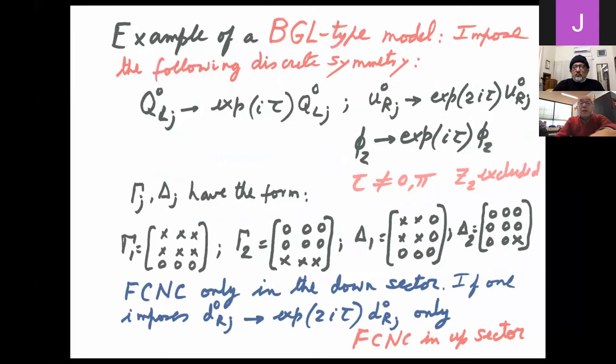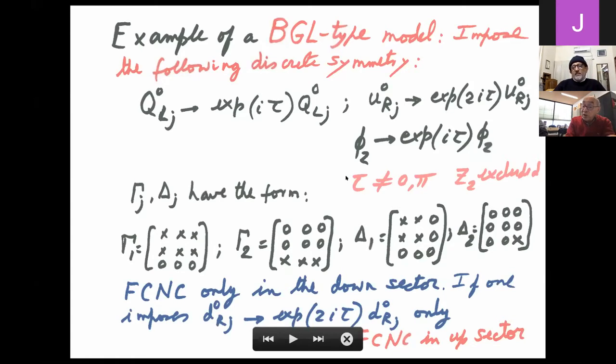So I will give you an example of a BGL type model. I introduce a symmetry. I will not specify what the value of tau is. The important thing is that tau has to be different from 0 or pi.